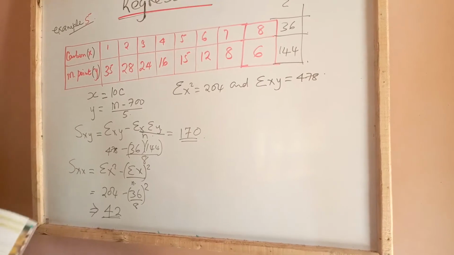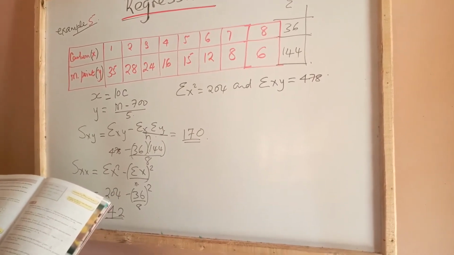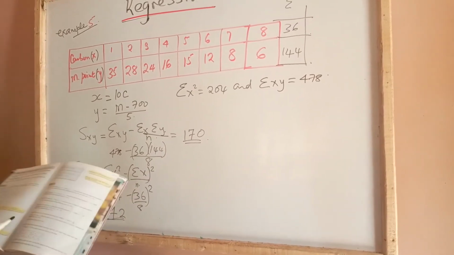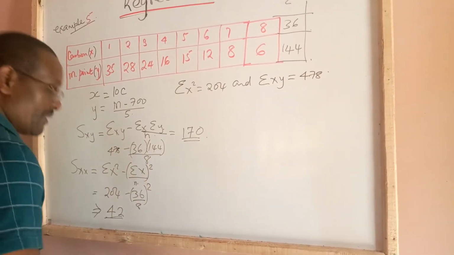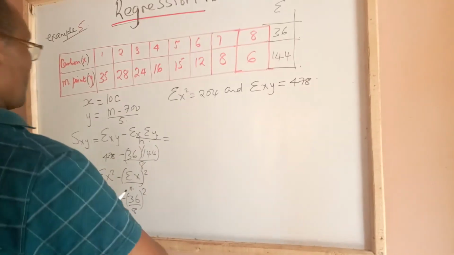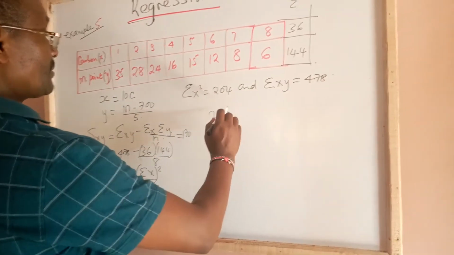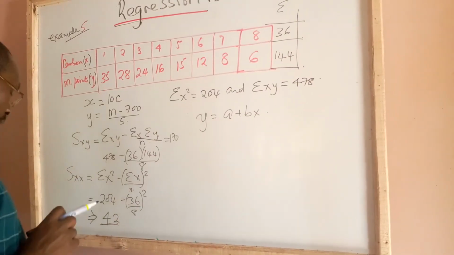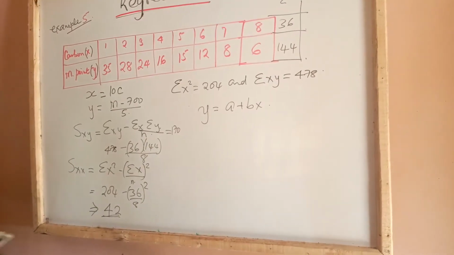Part B of the question is find the regression line of y on x. Finding the regression line of y on x, we're going to have y is equal to a plus bx. And in this case, we have to calculate our value of b and calculate our value of a at the same time.